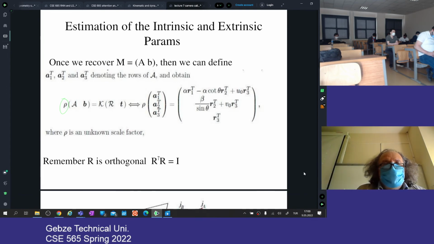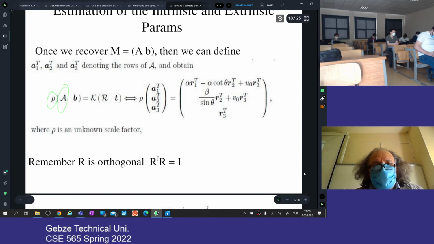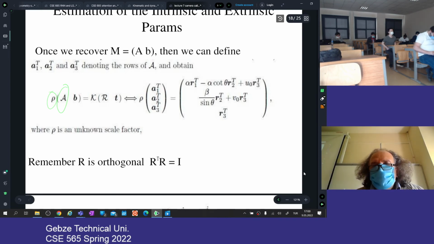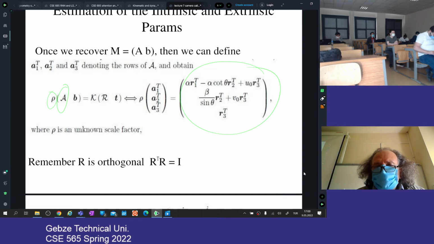Let's take the rows of A and write them as A1T, A2T, and A3T, so it is going to be equal to this 3 by 3 matrix. This is what I am after, but all I have is rho times these values. So let's look at this last row, which is rho times A3.